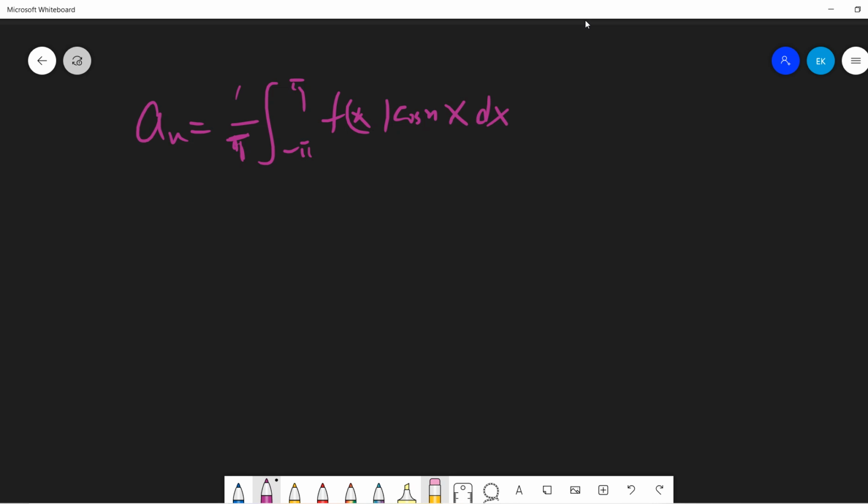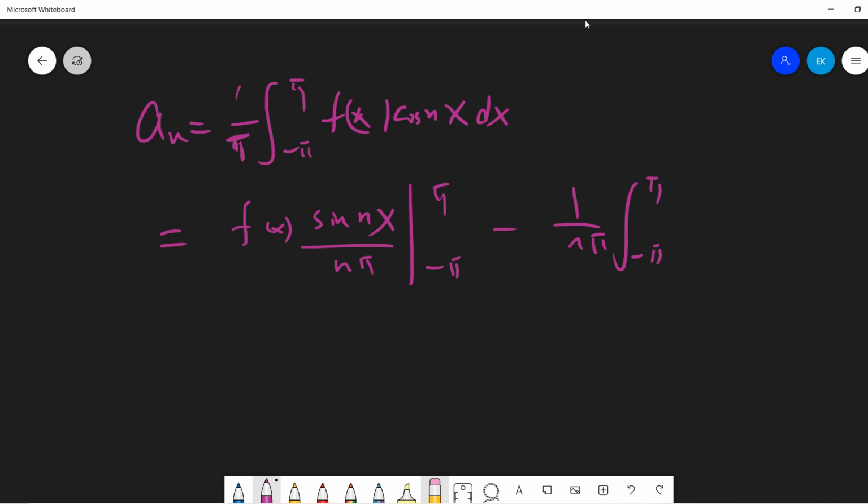We can use integration by parts. So we get this, and then we take the derivative f prime of x. This term turns 0 because sine of n pi minus sine of minus n pi is 0.